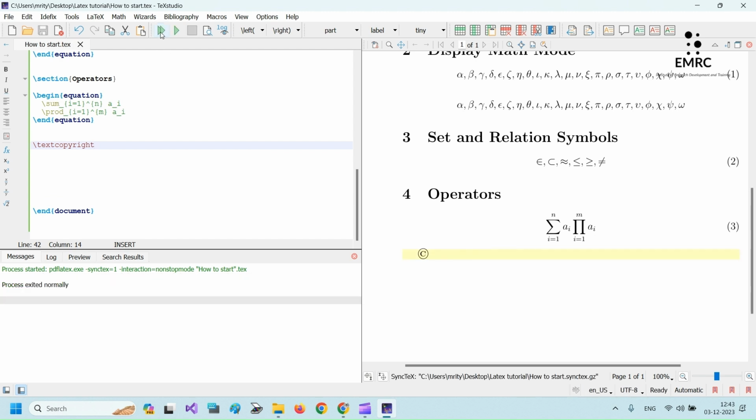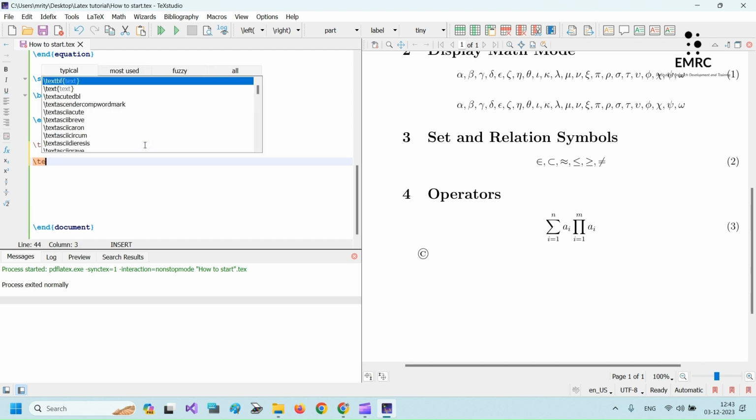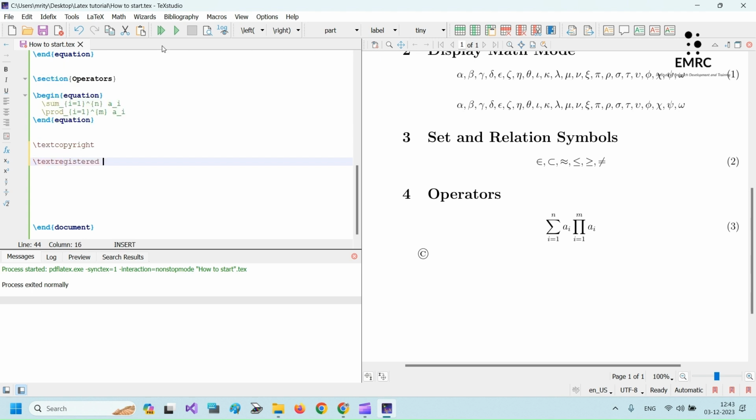Let's see. This is the copyright symbol. You want to write a registered symbol, textregistered. Let's see. R. This is a text symbol.